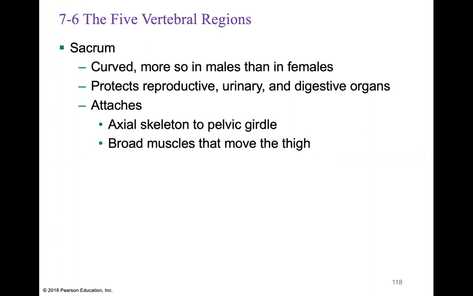It's also going to attach to the axial skeleton, to the pelvic girdle, which is going to be the hip joint, and subsequently the attachment of the lower limb. The sacrum also will allow for broad muscles that are going to attach for movement of the thigh.